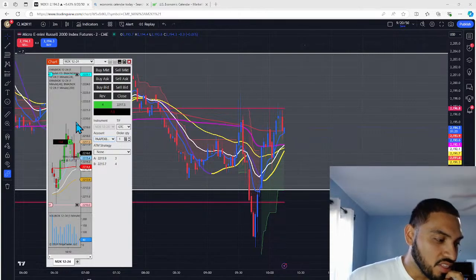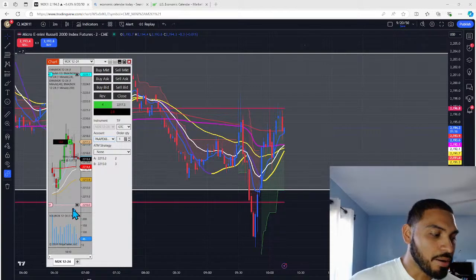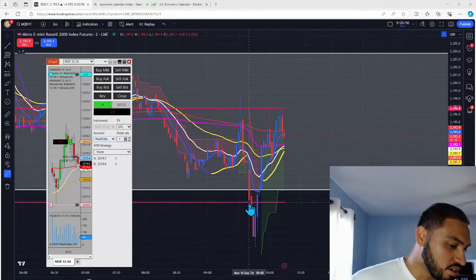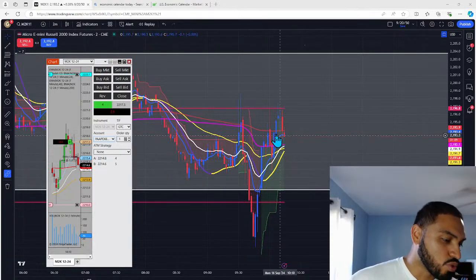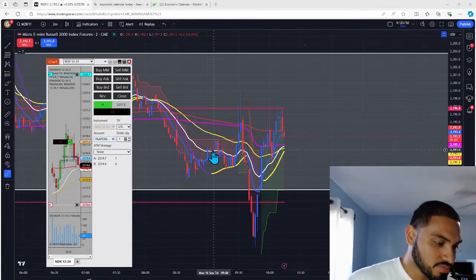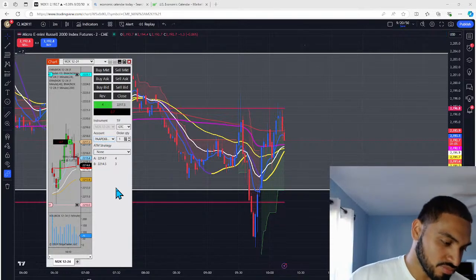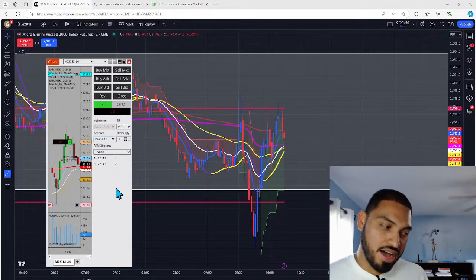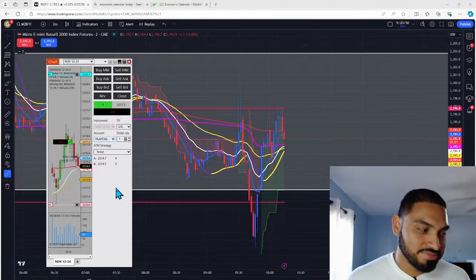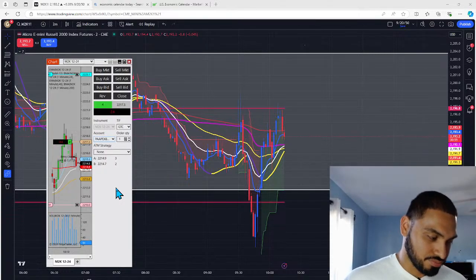Yeah, it looks like it's not even lining up. Something's going on, because 2210 is not even lining up here, because we're trading on the 21s. It's not even lining up there. So you can see I'm in a position right now. It's just not lining up the way it's supposed to.